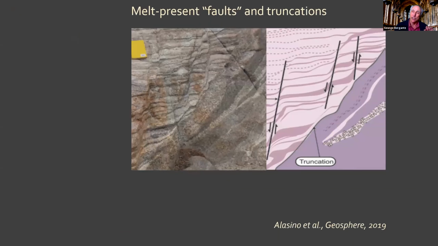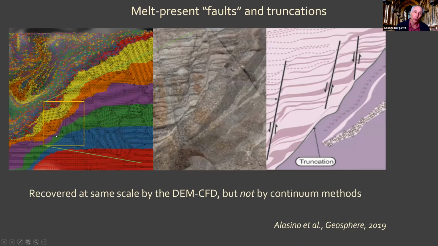In addition, when we go back to our field examples and ask how good a job this is doing in recovering this kind of very localized observation, well, the simulation I just showed you did that beautifully. We created small local internal melt-present faults and truncations, just as observed in the natural rock record.